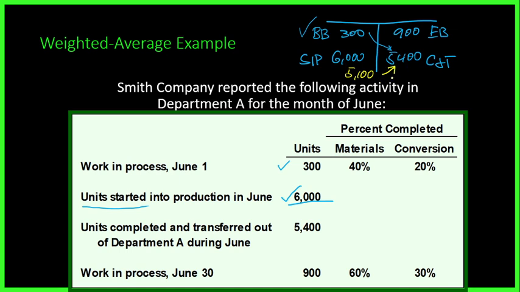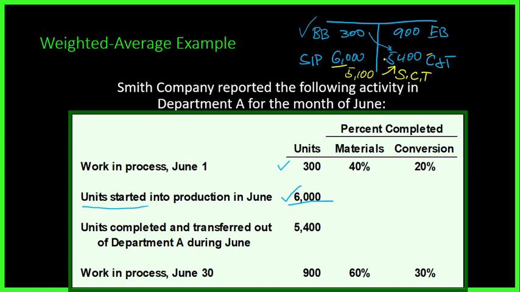So this 5,100 is now what you call started, completed, and transferred. This is your started in process. This is your completed and transferred. This is your started, completed, and transferred.